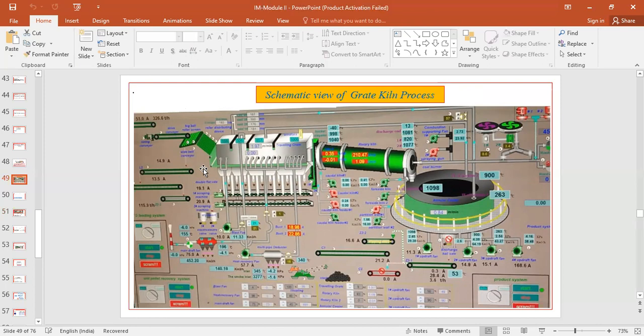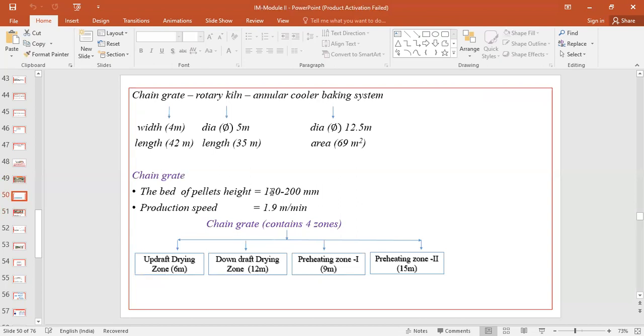So that is why we are doing the updraft first. The pellets at the bottommost layer, as I told you, we are making a bed of height around 180 to 200 mm. So the lowermost layer of the pellets has to bear the entire load above it. So if you first dry the bottommost layer of the pellets, then these pellets will attain good strength and can bear the weight of the rest of the layers.